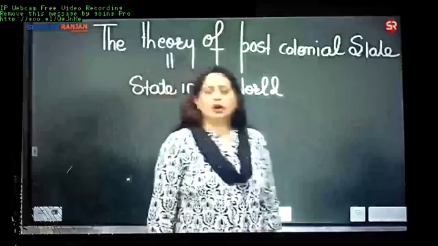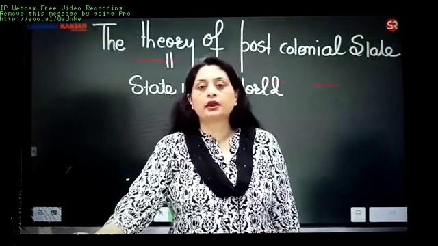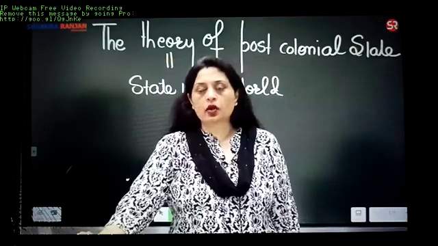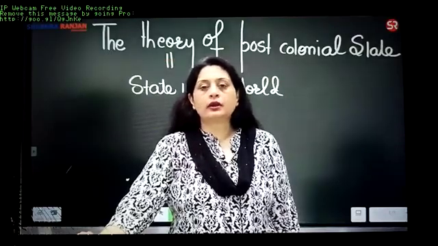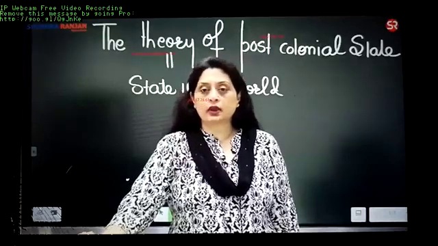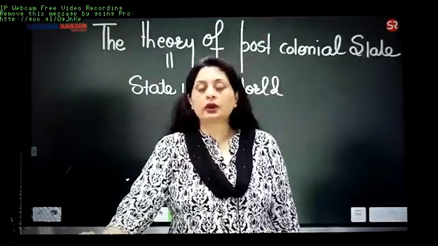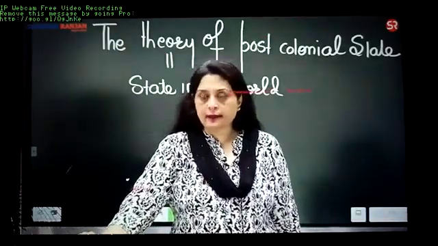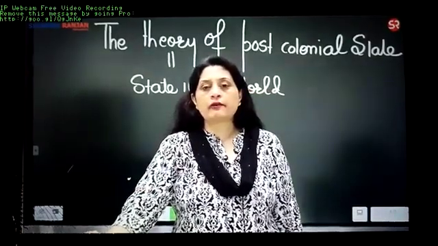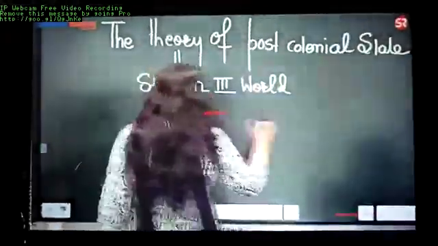So now this word, third world, has become redundant because it emerged in context of the Cold War, when the capitalist world was first world, the communist world was second world, and the third world were the NAM countries. Now, since most of these countries have been poor, third world represent the poor states.